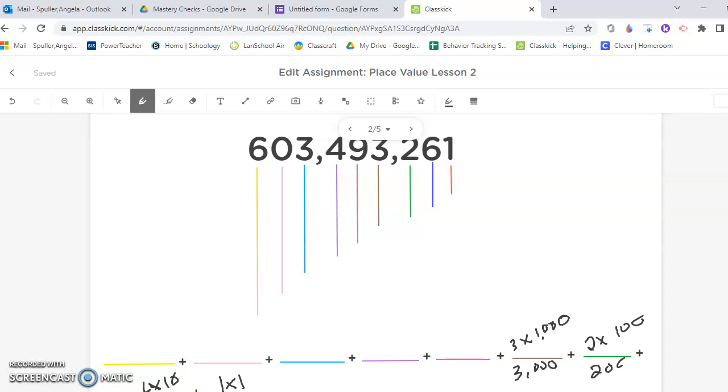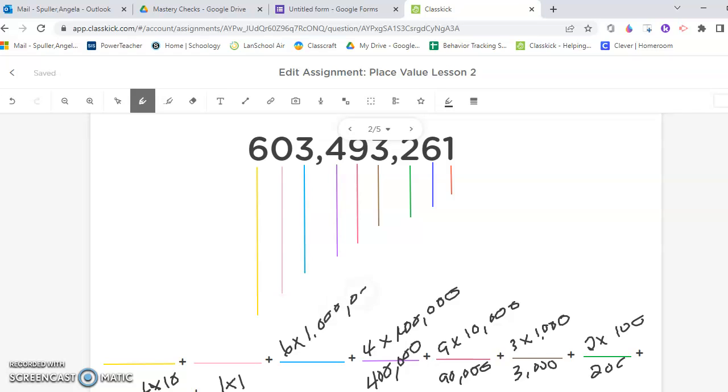And then we have 9 times 10,000, or 90,000. And then we have 4 times 100,000, or 400,000.